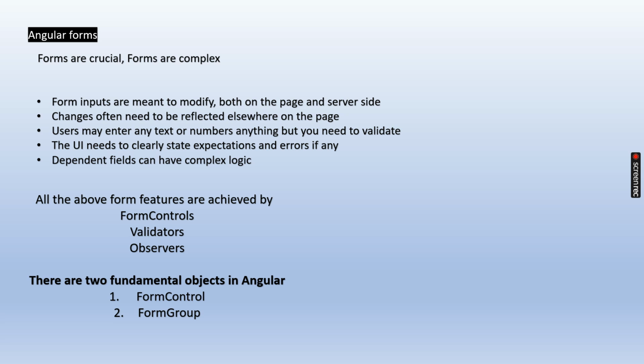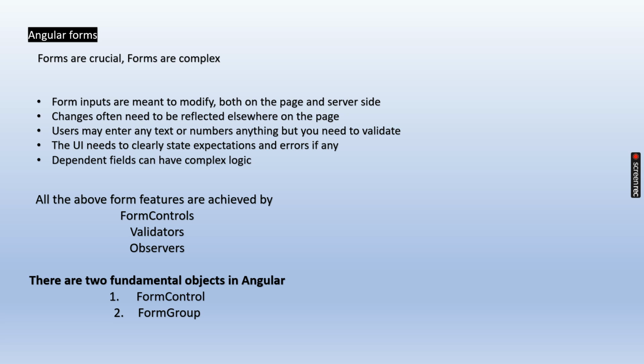With the help of a form, he can fill in the details, and those details would be saved at the backend. That is called the server side, and changes often need to be reflected elsewhere in the page. Suppose in a form we perform something at the first field and the output would be reflected at the 10th field. So elsewhere on the page it would be reflected.